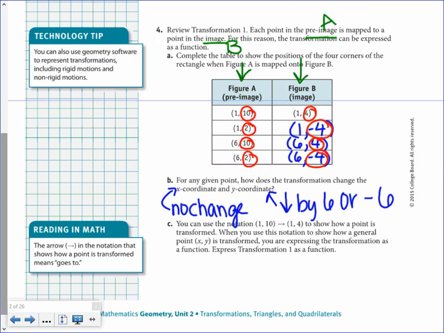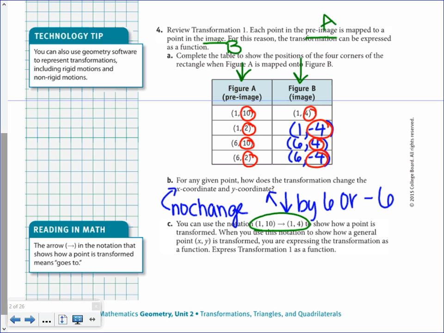So, now what we're going to look at is something called a mapping notation. So they write an example of it here. The book that I have used for the last 8 years calls it a mapping notation. You may call it that.